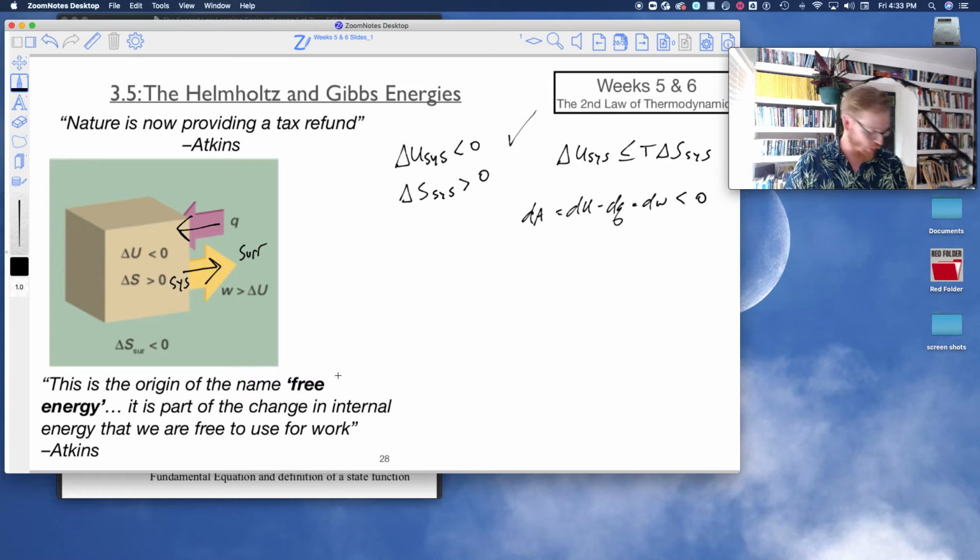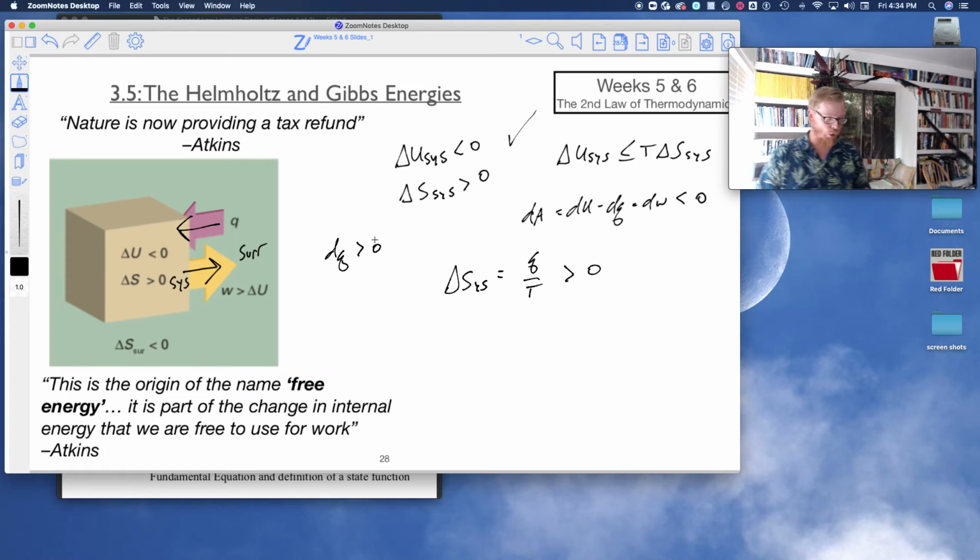In order for this to all be spontaneous, delta S system equals Q divided by T, which we know is greater than 0, which tells me dQ had to be greater than 0, which means heat has to flow into the system to make this work happen.